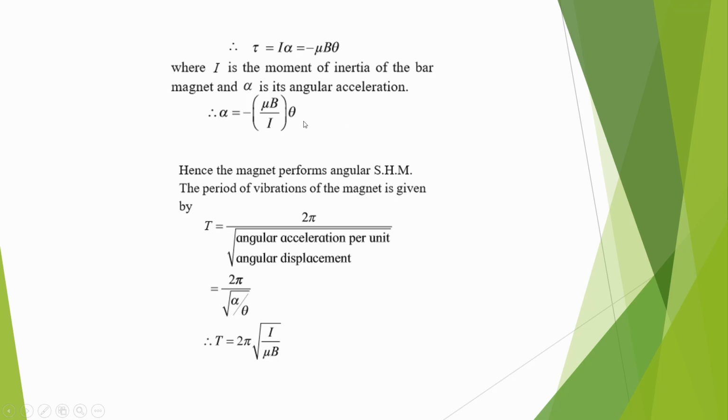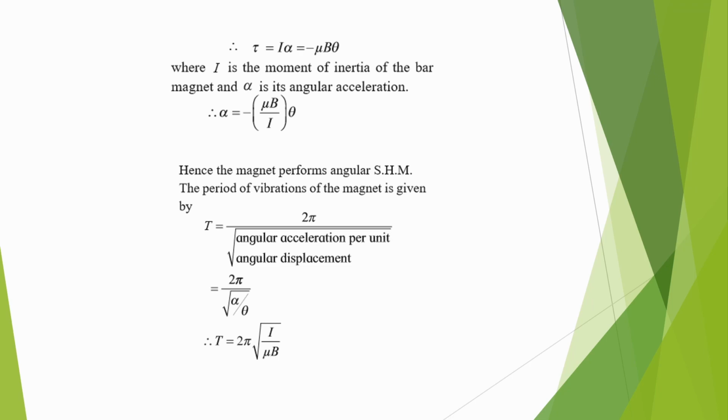In magnitude, alpha upon theta is mu B upon I, so T is equal to 2 pi under root of I upon mu B. That is the formula for the period of vibration of the magnet. That is the explanation for a magnet vibrating in a uniform magnetic field.